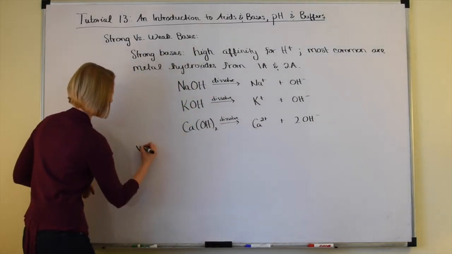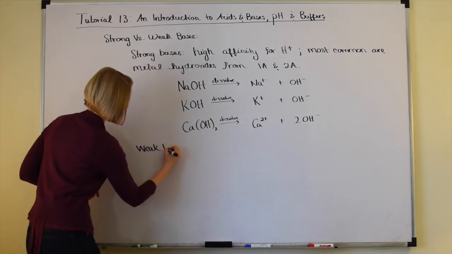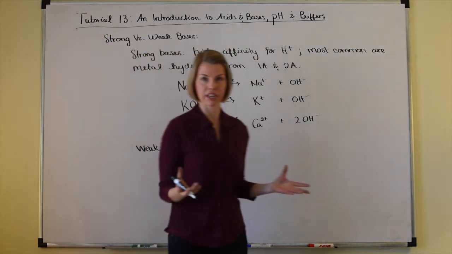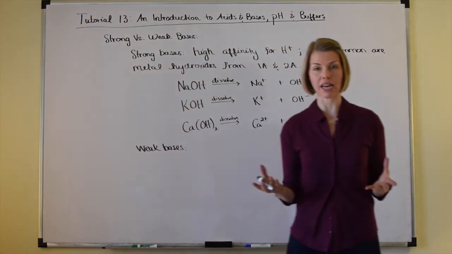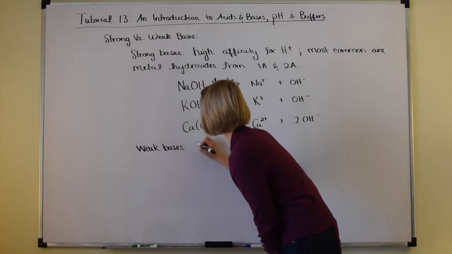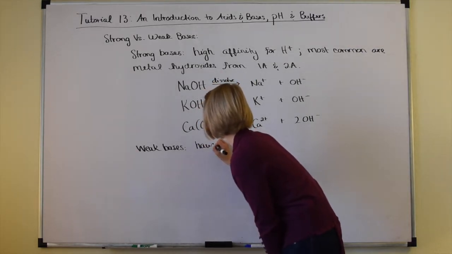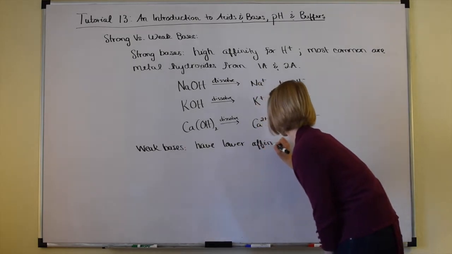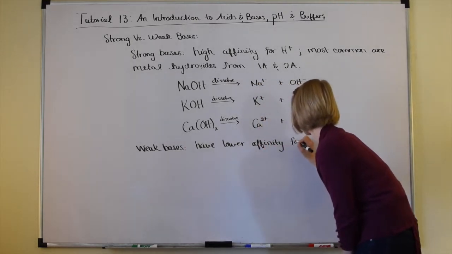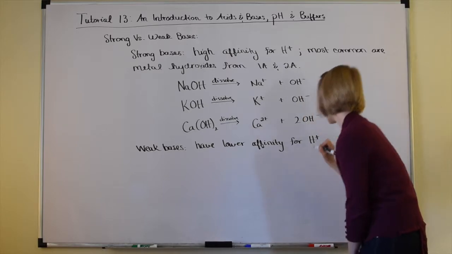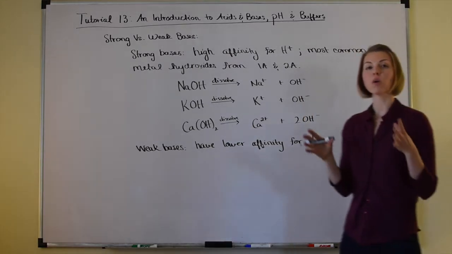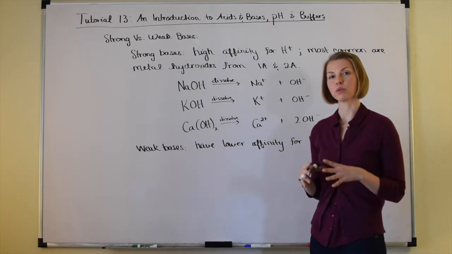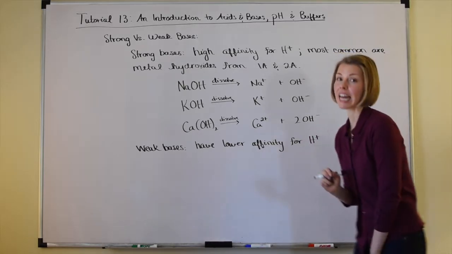Weak bases, on the other hand, will not have as high an affinity for an H+. So they have a lower affinity for an H+, and your weak bases will ionize significantly less than 100% to produce hydroxide anions in an aqueous solution.